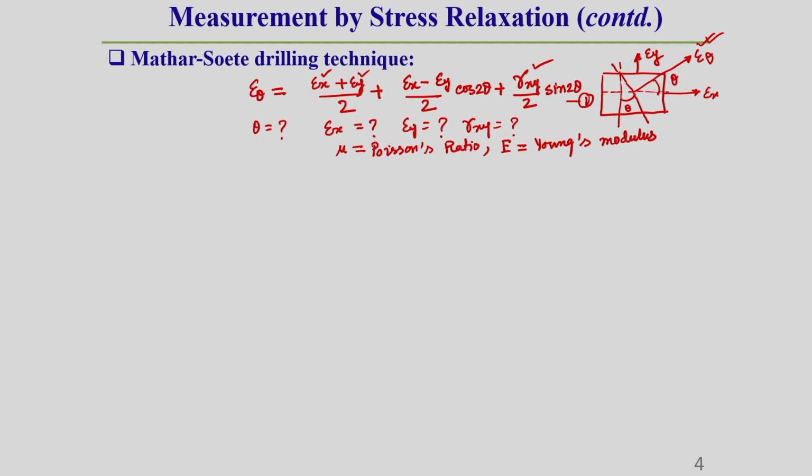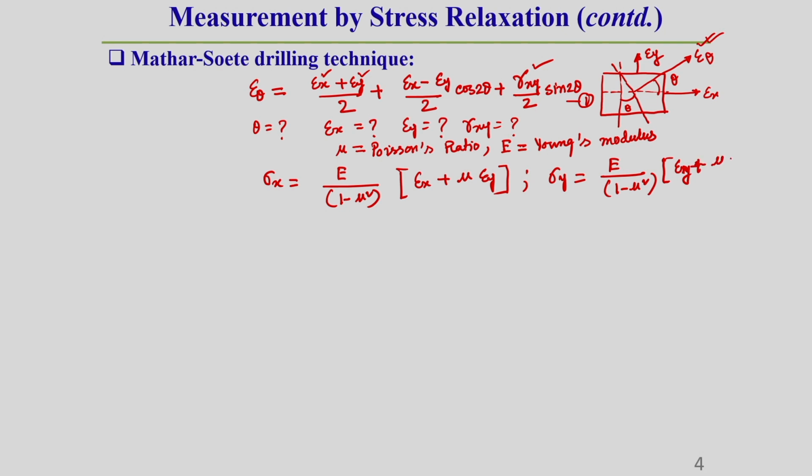So, in plane stress condition, last lecture I already derived that sigma x is equal to E by 1 minus mu square, epsilon x plus mu into epsilon y. And sigma y is equal to E by 1 minus mu square, epsilon y plus mu into epsilon x.